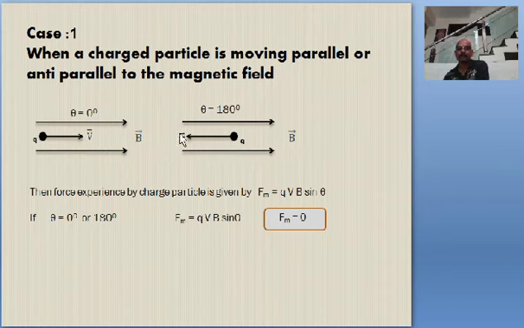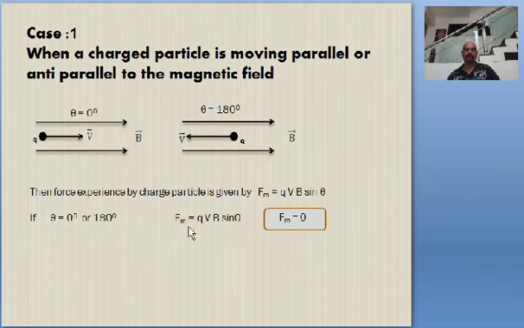Whether theta is 0 or 180, the force experienced by the charged particle is given by Fm = qvB sin theta, where theta is the angle between velocity and magnetic field. In these two cases, theta is 0 or 180, and sin 0 and sin 180 are both 0.